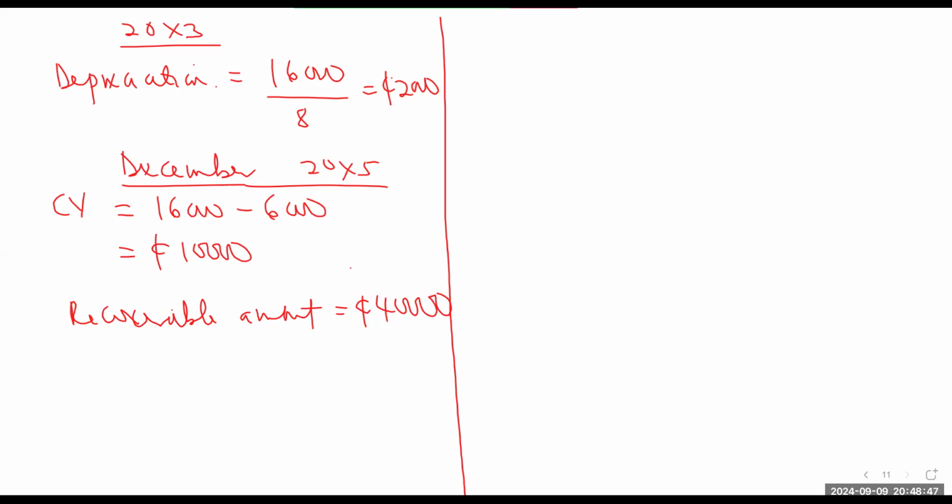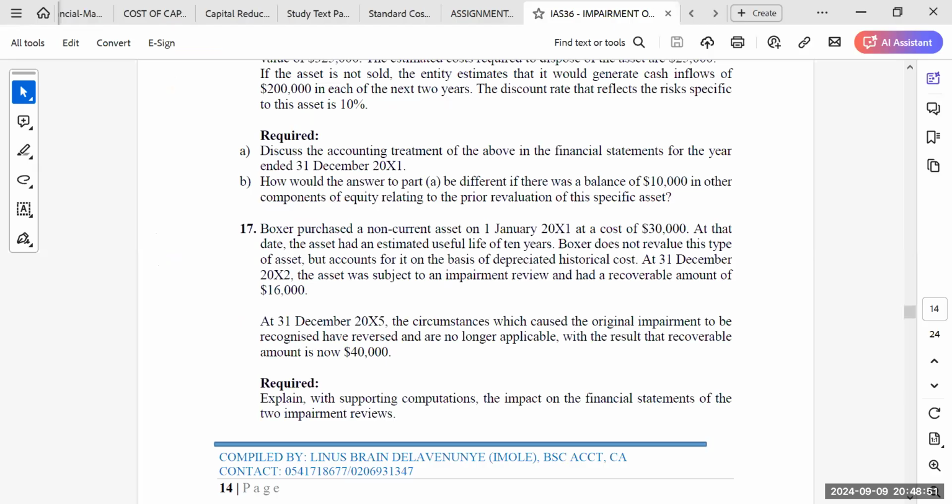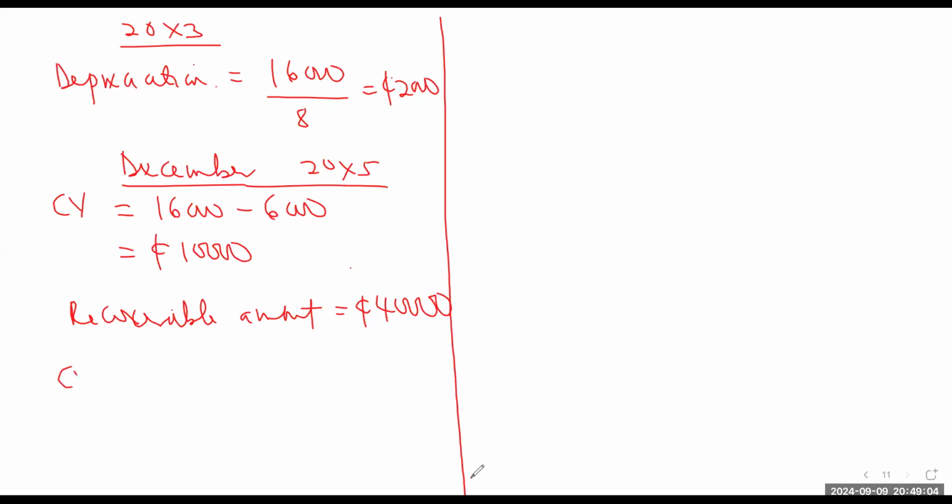If the first impairment has not happened, what would have been the carrying value of the assets at the end of 2x5? The carrying value would have been 30,000 less the accumulated depreciation of 3,000 per year.